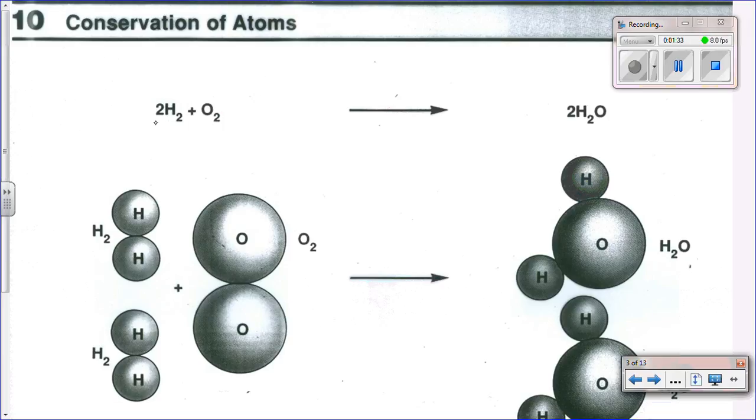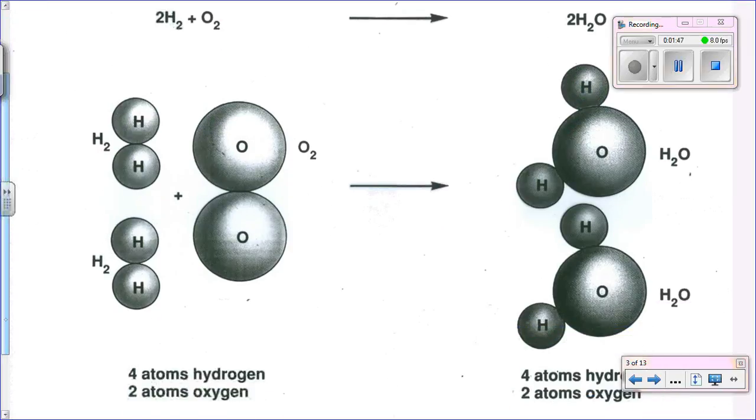We specifically need 2 molecules of diatomic hydrogen and 1 molecule of diatomic oxygen, and together they will produce 2 molecules of water. So if we look at the individual atoms, we have 4 hydrogen on our reactants and 4 hydrogen on our products, and then we have 2 oxygen on our reactant side and 2 oxygen on our product side. So they just simply rearranged to make new molecules.